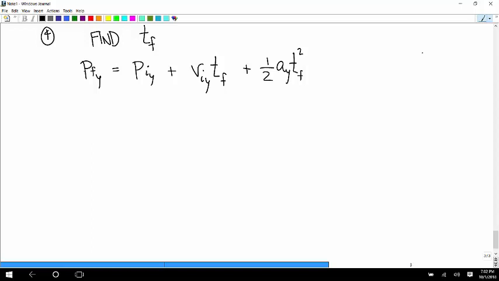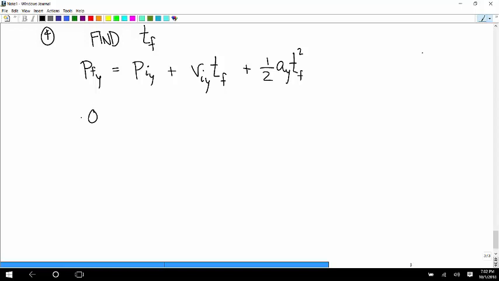So let's start filling this in. PFY is 0. Oh, and by the way, starting now, you don't have to keep putting your units in your equations. I wanted to do that for a little time to see how that worked, but now we're experts, so now we can be sloppy.